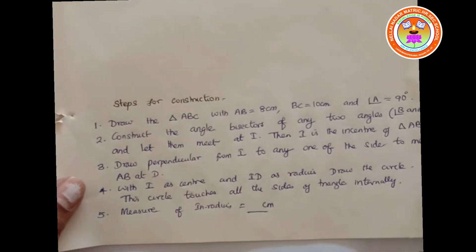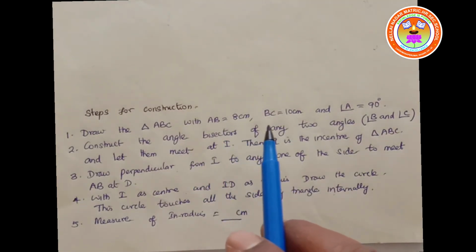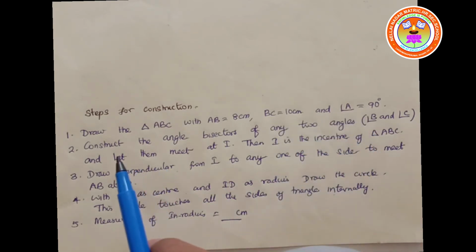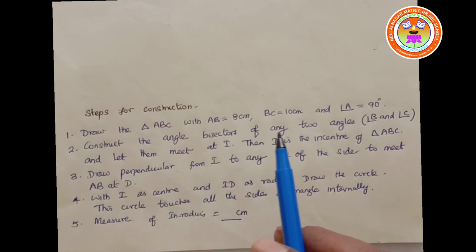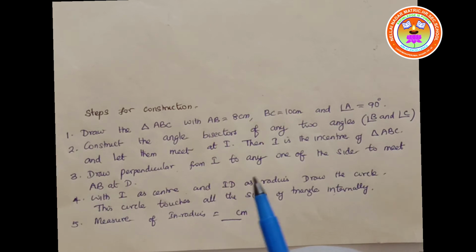Now steps for construction. Draw the triangle ABC with AB equal to 8 centimeter, BC equal to 10 centimeter, angle A equal to 90 degree. Construct the angle bisector of any two angles, angle B and C, and let them meet at I. Then I is the incenter of triangle ABC.